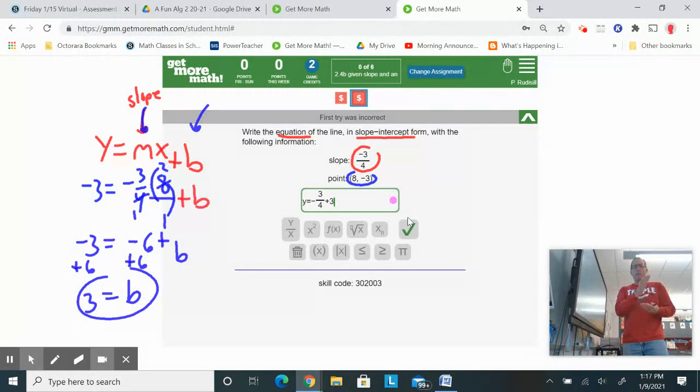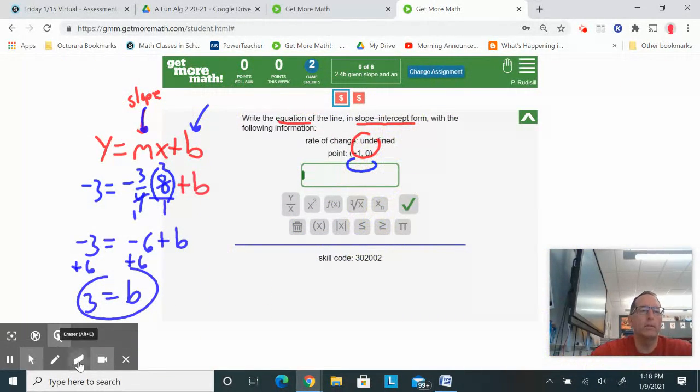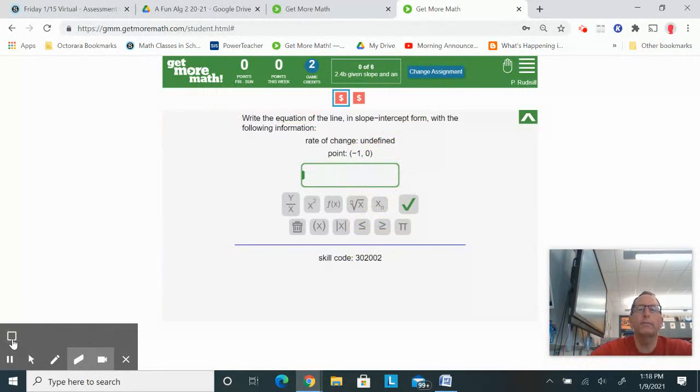The slope is the coefficient of the x term. So that should be a pretty simple fix if that's what the mistake was. So I have y equals the slope times x plus the y-intercept. It's more like it.